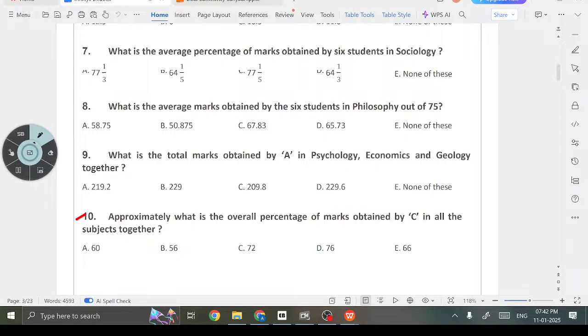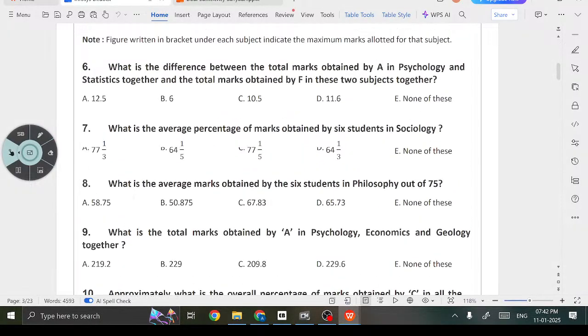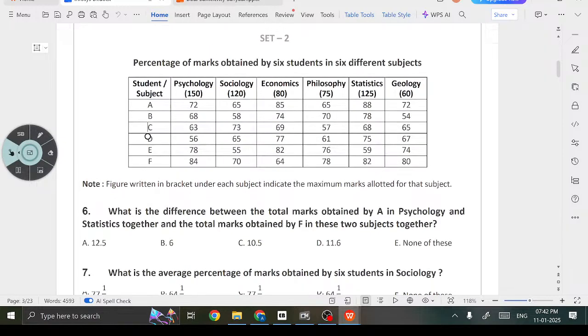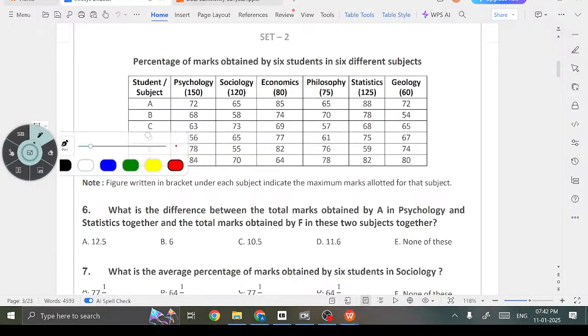Approximately what is the overall percentage of marks obtained by C in all the subjects together? What is C's percentage overall?